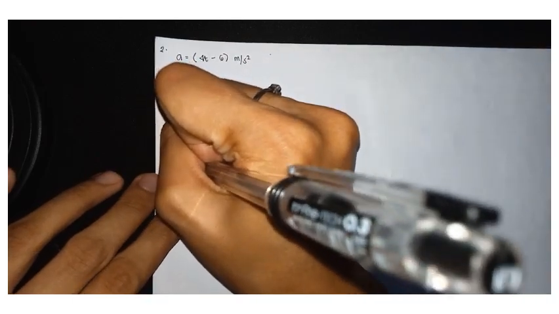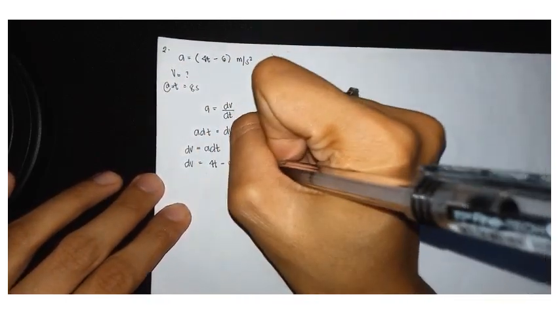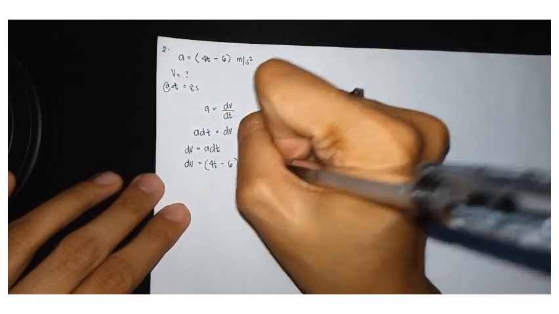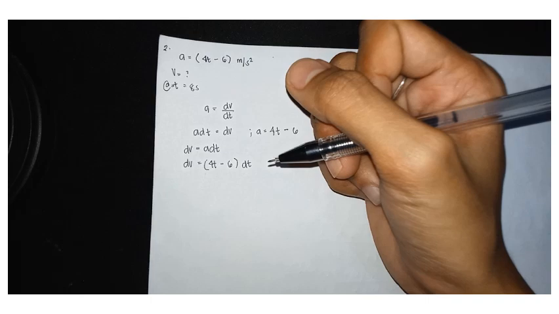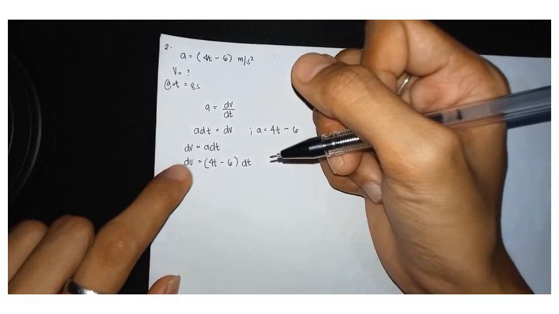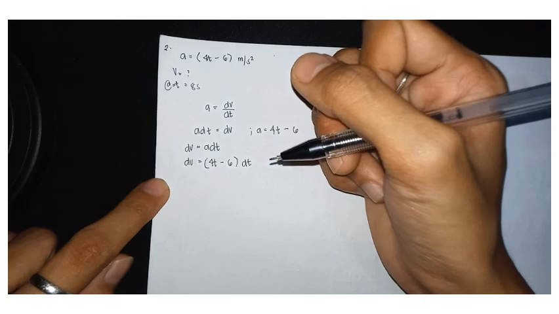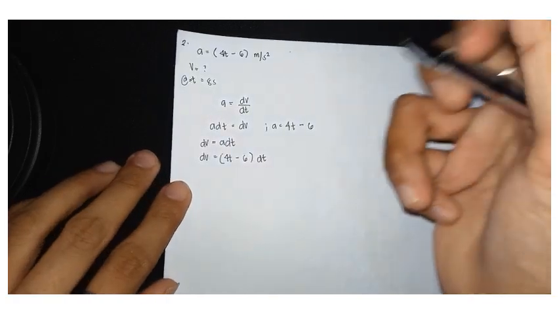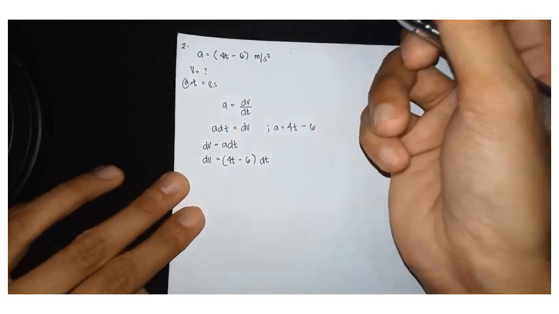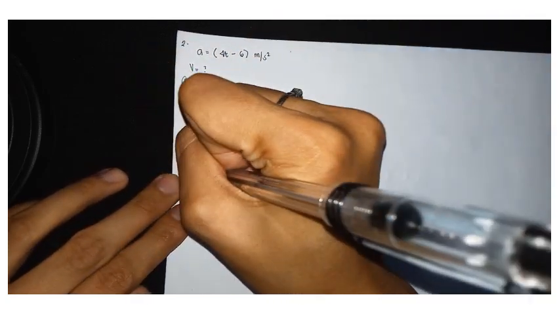So dv equals (40 minus 6t) dt. By integrating both sides, we can compute the velocity.